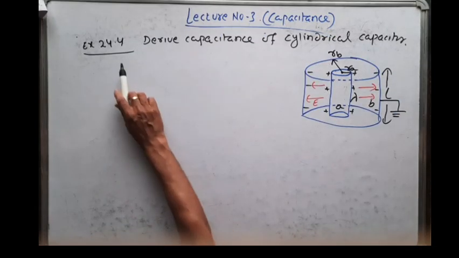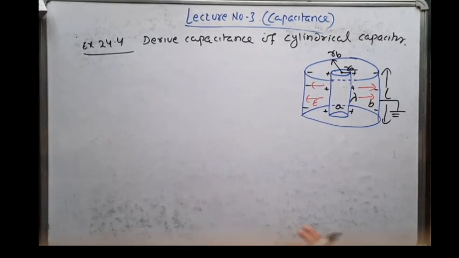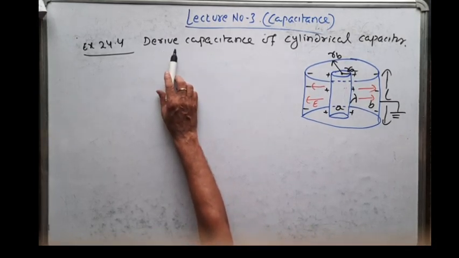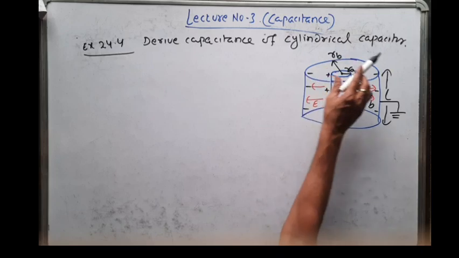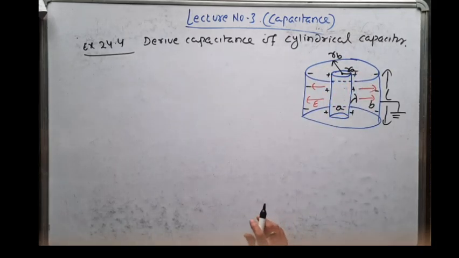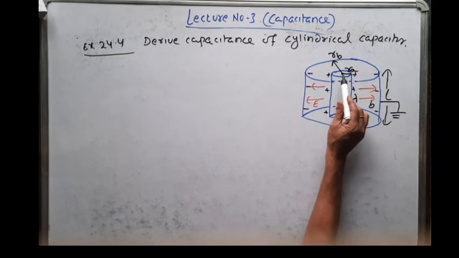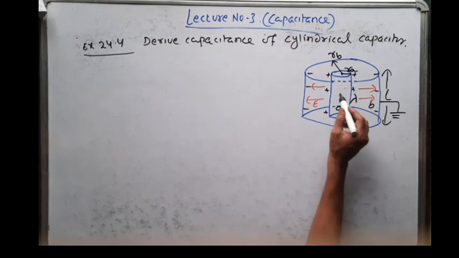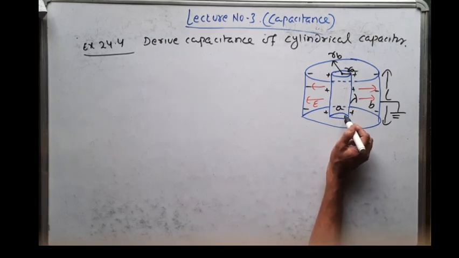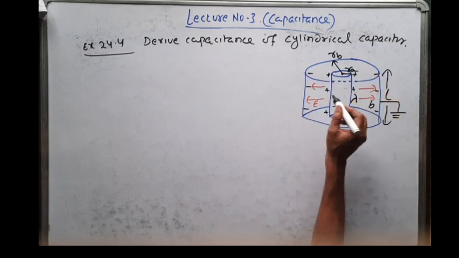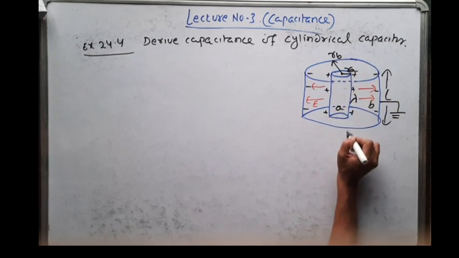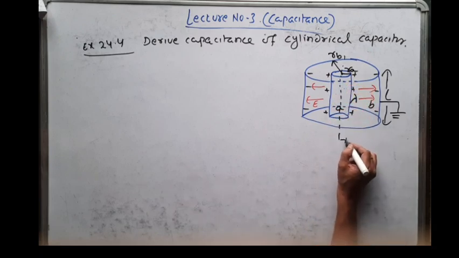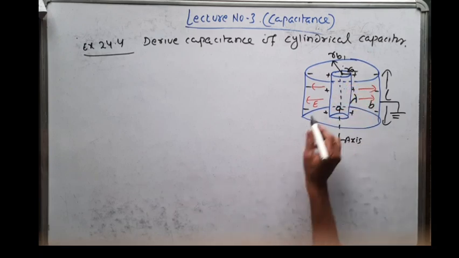So next, example 24.4. Here you have to derive the capacitance of a cylindrical capacitor. If the two plates are of cylindrical nature, then it is called a cylindrical capacitor. So here there are two cylinders, one inner cylinder and another outer cylinder. Both are concentric cylinders, that is, the axes of both are the same.